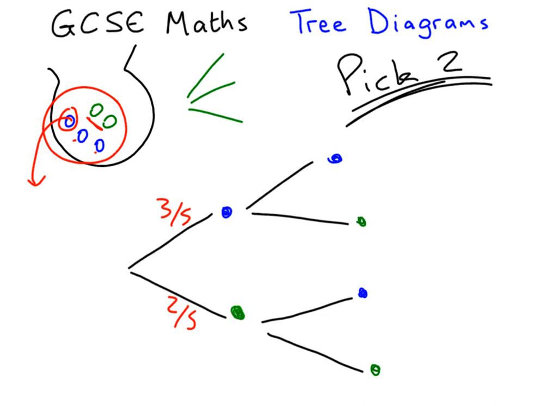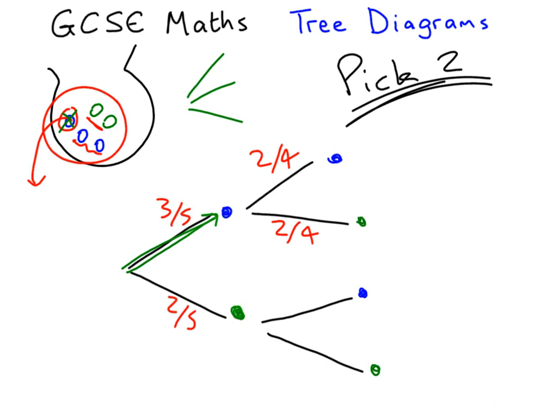So remember what happens when our guy walks along to here. That means you've got a blue ball. So that blue ball's out of the equation. So now the probability of getting blue is 2 out of the 4 that are left. I know it simplifies to half, but that's not what we're focusing on in this video. Okay, and the probability that you get green is 2 out of 4.